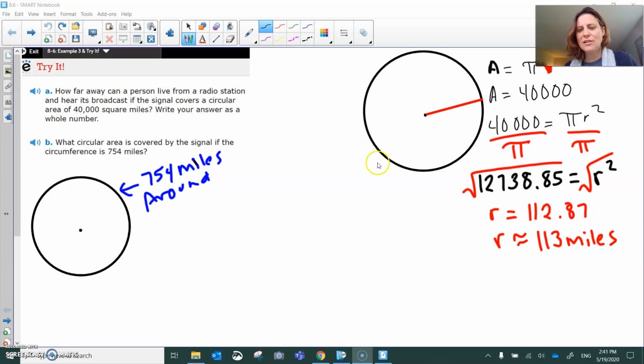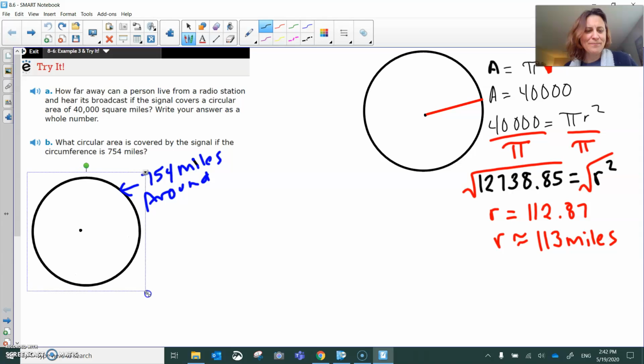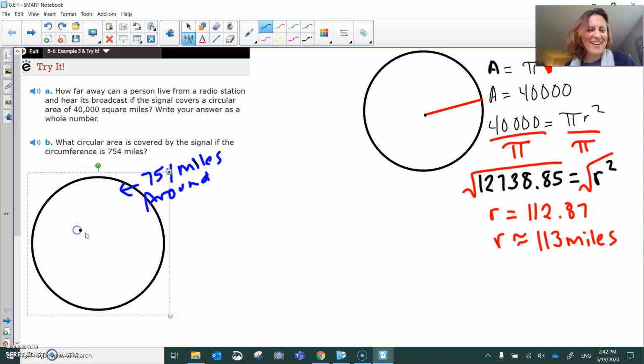So this circle has a circumference of 678, and this one has a circumference of 754. So I know the area of this circle is going to be larger than the area of this one. Larger. And that's how I figured out that I did this wrong.